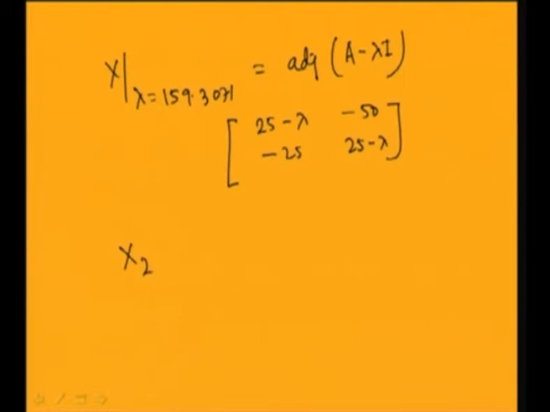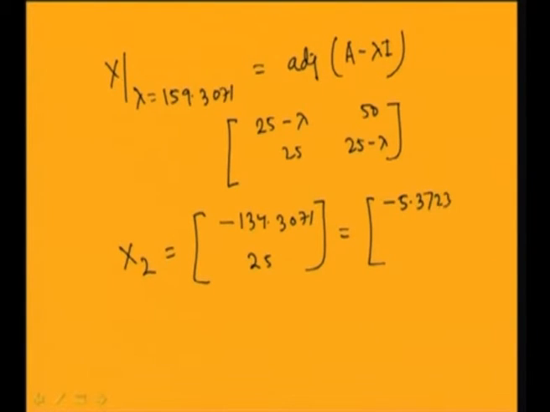You can take any column of this. So let me take the first column, 25 minus 159.3071, this is plus 25, this is plus 50, so taking the first column it becomes minus 134.3071, and this is 25. So by normalizing this, I can get minus 5.3723 by 1.